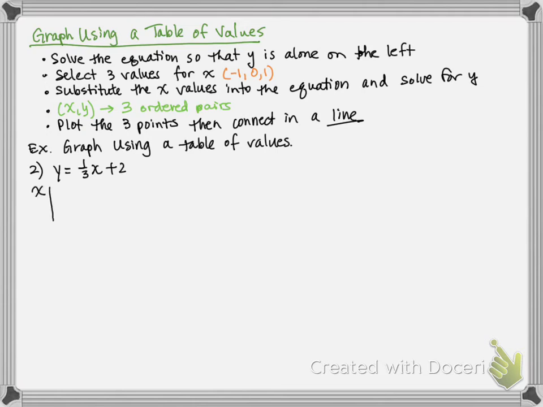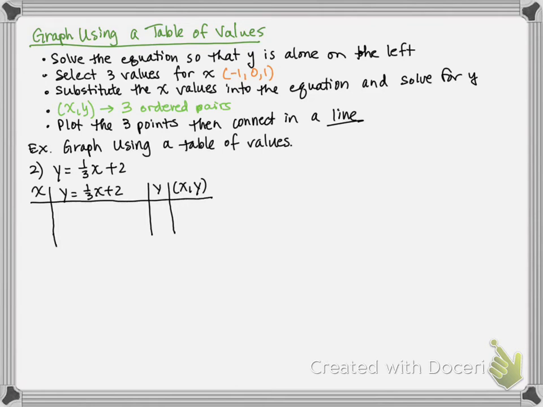My table is going to have x, I'm going to choose, and then I put in the equation because that's where I'm going to do my calculation. Output is a y, and put them together as an ordered pair.